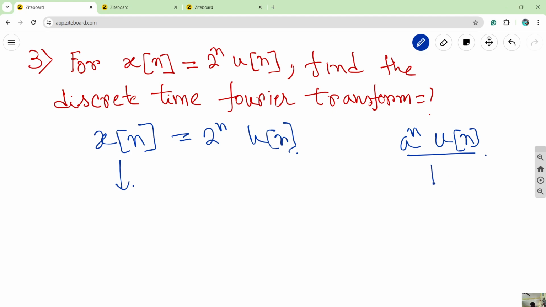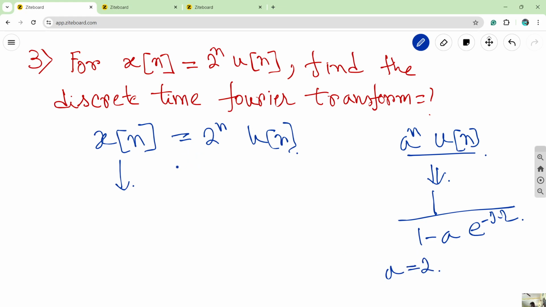So the corresponding discrete time Fourier transform is 1 by 1 minus a e to the power minus j omega. So right here the value of a is 2.